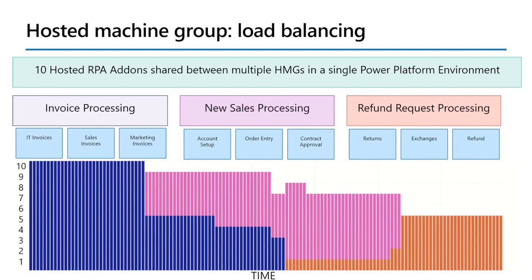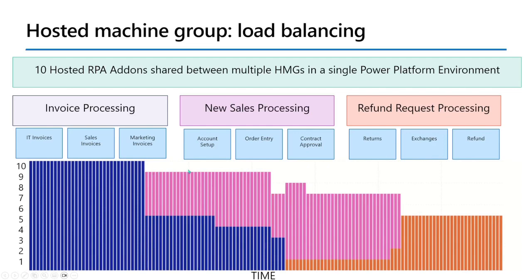But then you can see sometime here, mid-morning, maybe this is like 10 a.m. or something, who knows, right? We have a drop-off in demand for invoice processing, and we pick up some processing from sales processing. So at this point, we have 5 machines running invoice processing and another 4 machines running sales processing.